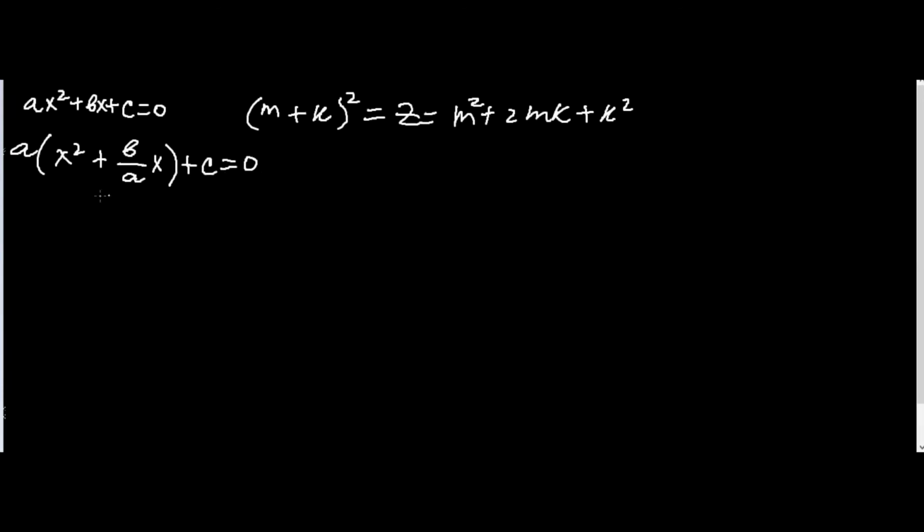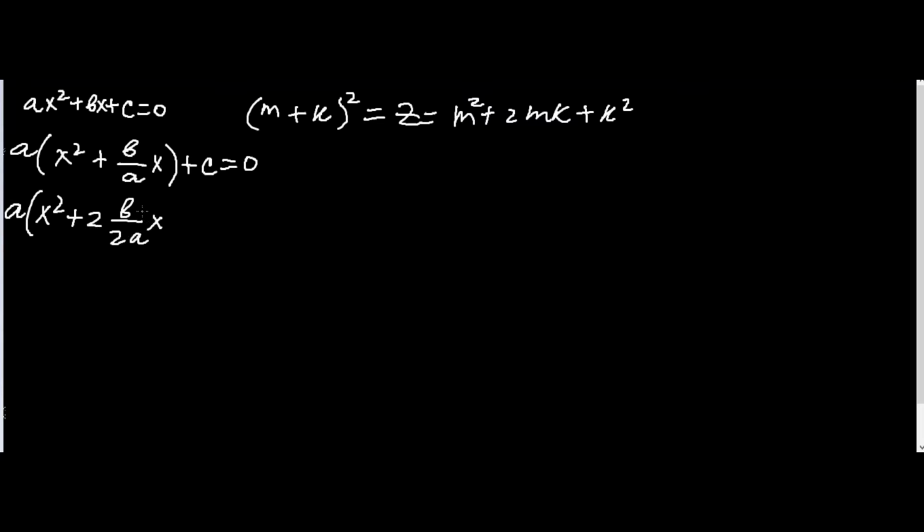Now, our x is m, as you can see here. So what we need is 2 and k squared. Our k, let me just write 2 first. We have to multiply that by 2 and divide that by 2. 2 and 2 cancels out and we will be left with the same number here.